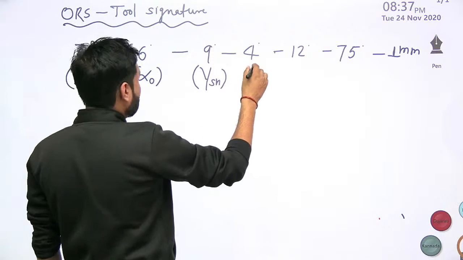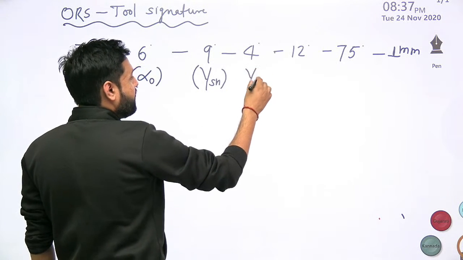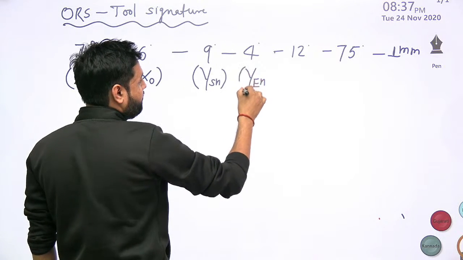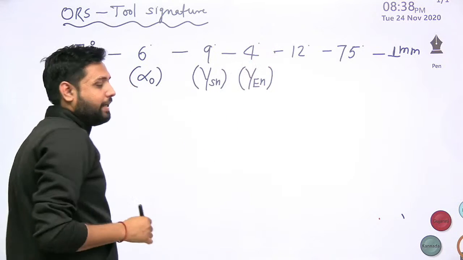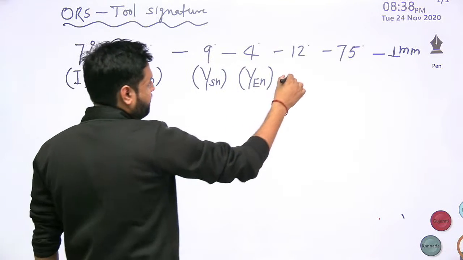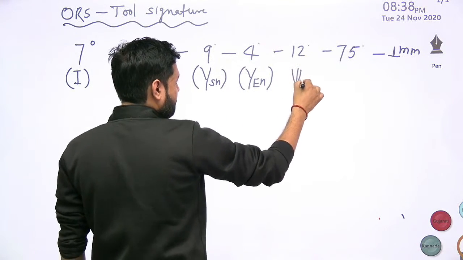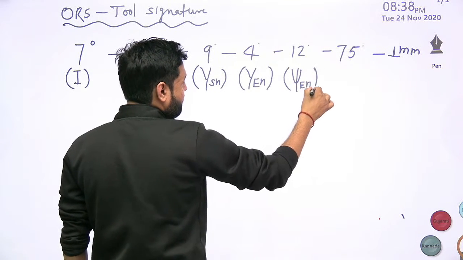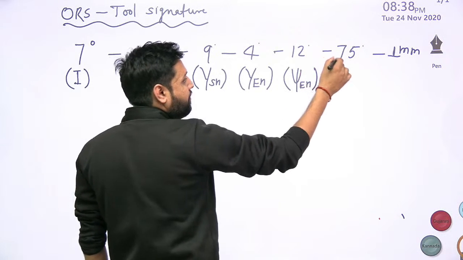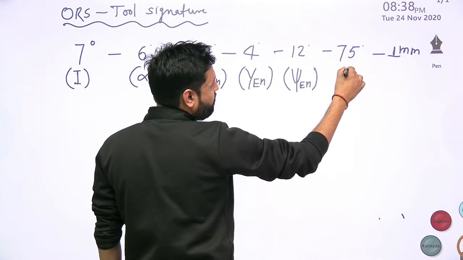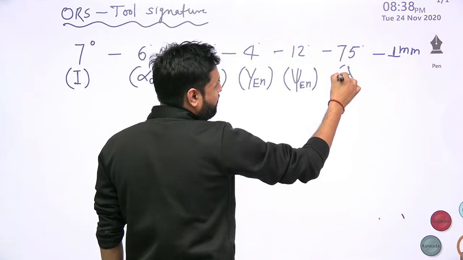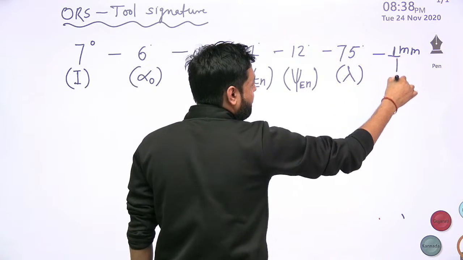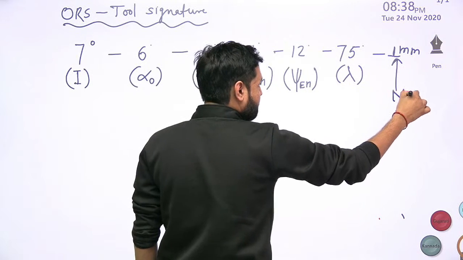Then the fourth angle is end relief angle of NRS system. The fifth angle is end cutting edge angle of NRS system, and the sixth one is principal cutting edge angle, and then this 1 mm is nothing but your nose radius.